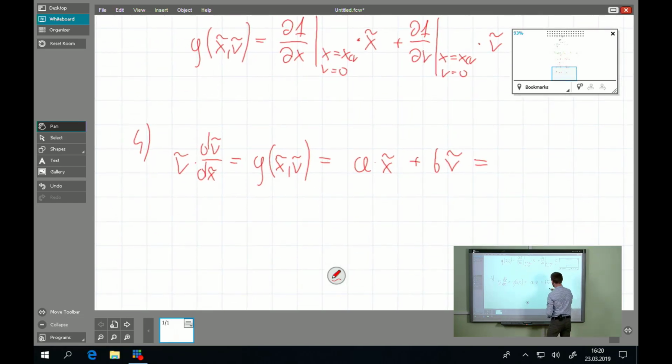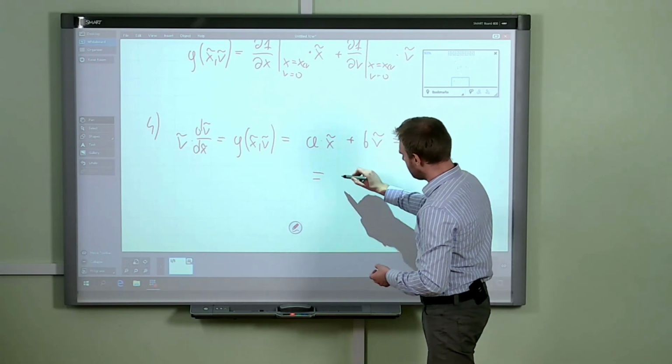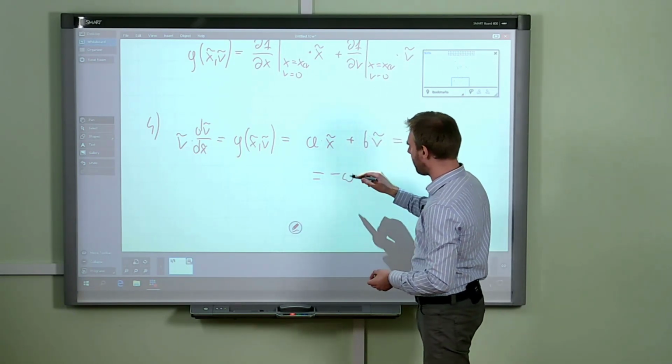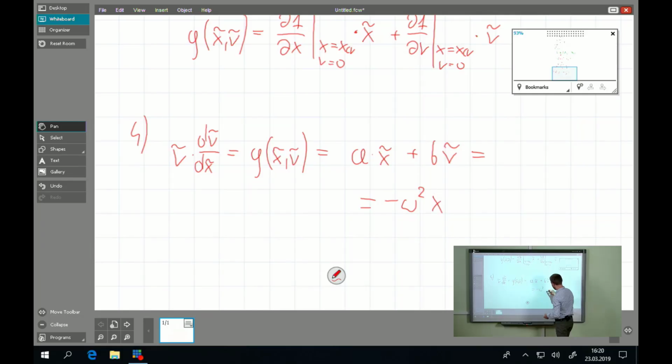And in many practical cases, those coefficients are termed in a different form. In practical applications, we call that omega square x tilde minus 2h times v tilde.